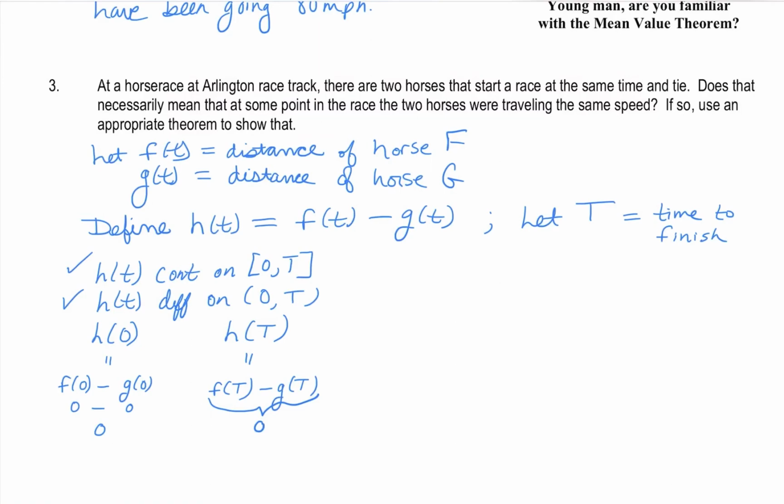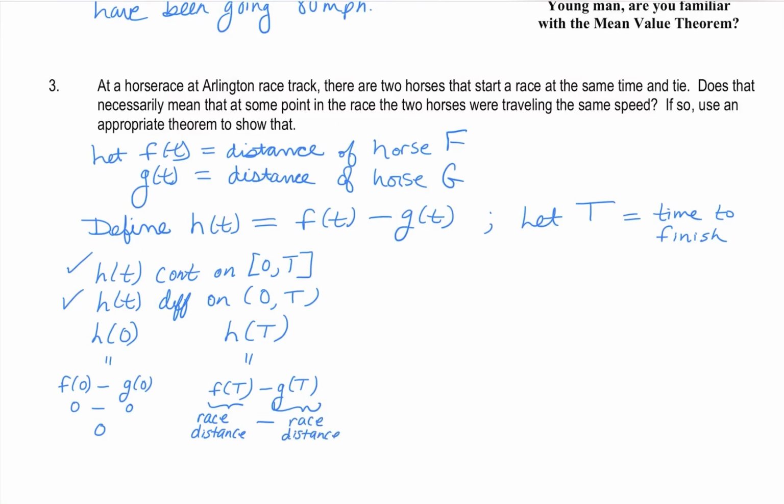So basically, if we want to write something out, we could say that both of these are the full length of the race. f of capital T is whatever that race distance is, because capital T is when they finished, and g of capital T, they finished at the same time, is also the full distance of the race.